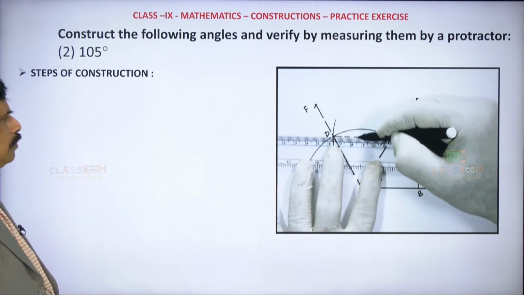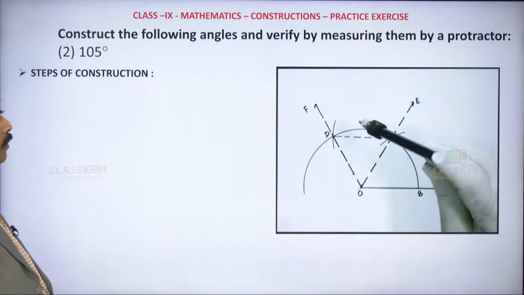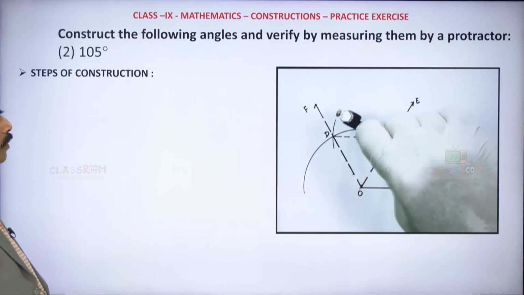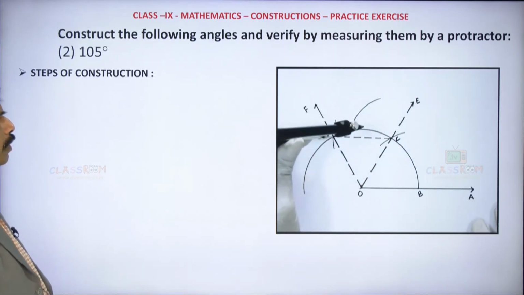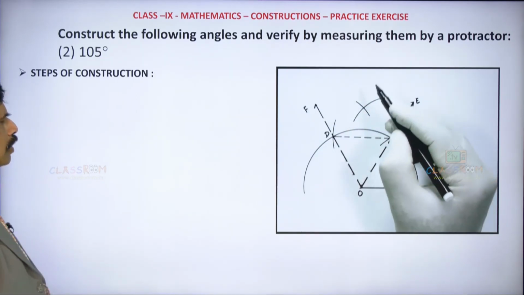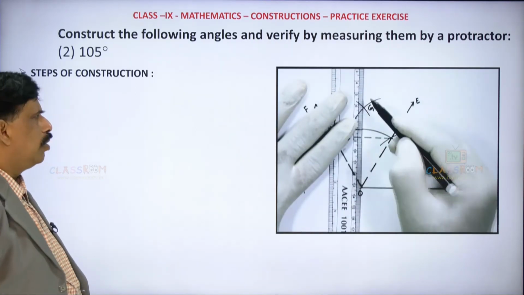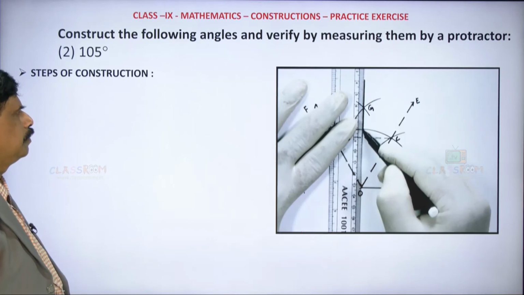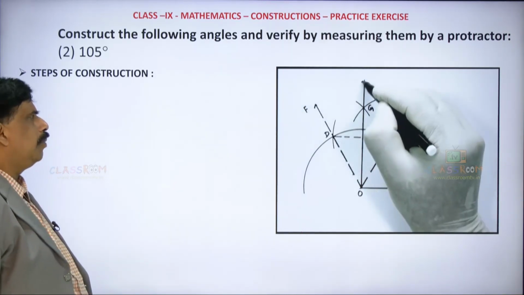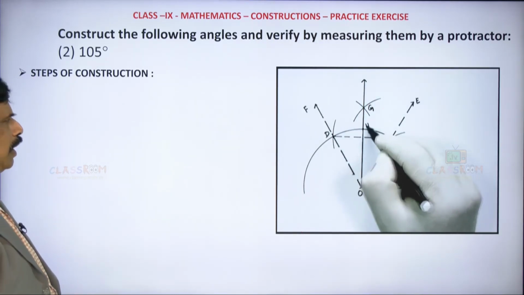Take a radius more than half CD and draw the arcs. They intersect each other at G. Now join OG such that angle AOG will be 90. This is intersecting the arc at H.